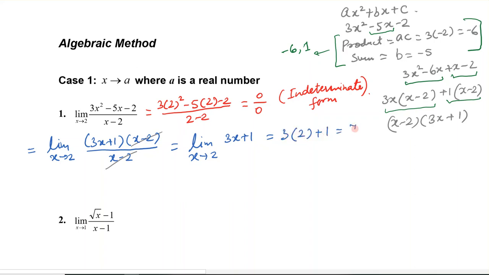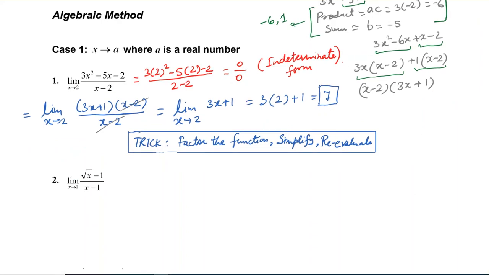We get 7 in the end, so that is our answer for the limit. The trick is, whenever you have a quadratic over a linear factor, make sure you try factoring first and see if that works for you.